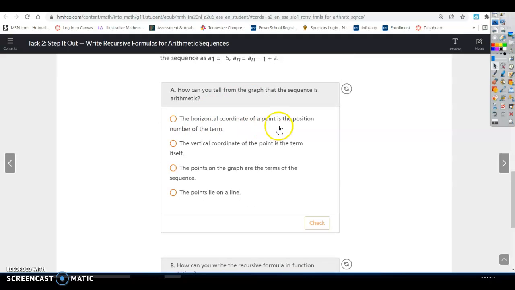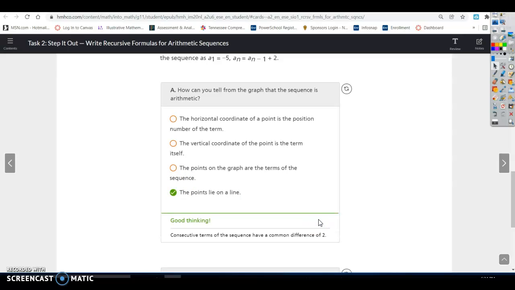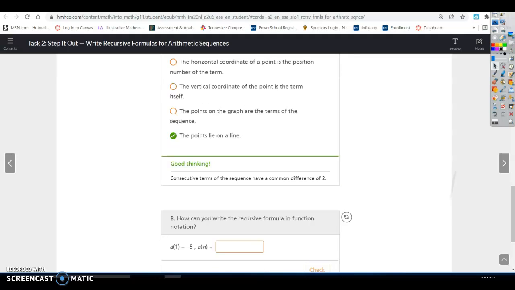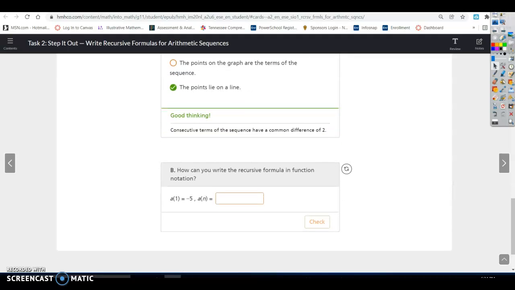The horizontal coordinate of the point is the position number of the term. The vertical coordinate of the point is the term itself. The points on the graph are the terms of the sequence. The points lie on a line. All right, so that should make sense. If it has a common difference, that means it changes the same each time, which is the same as if you have a slope that changes the same each time.